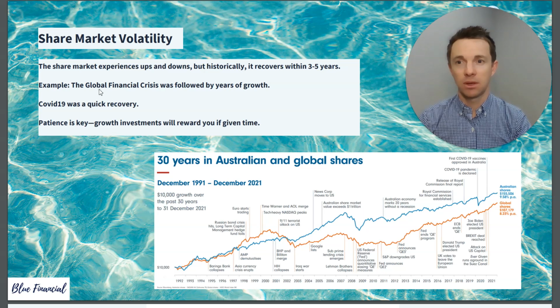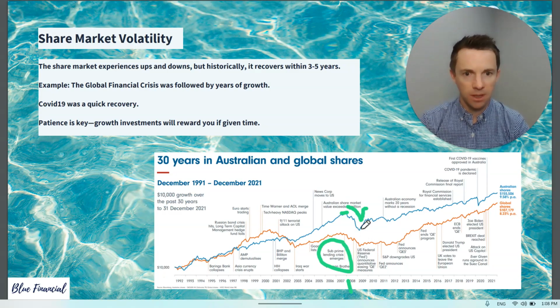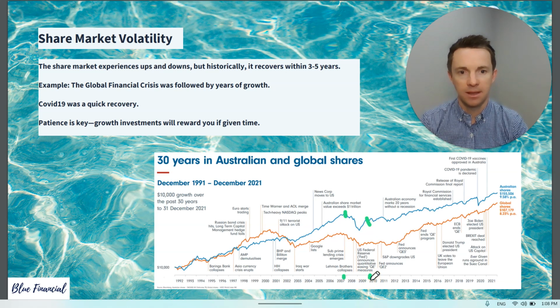So for example, the global financial crisis, if you have a look at this graph here, we've got the subprime lending crisis emerging in 2008, and this was the market dropping down there, and then it recovered pretty quickly, not quite to the top of where it was, from 2007 to 2010.